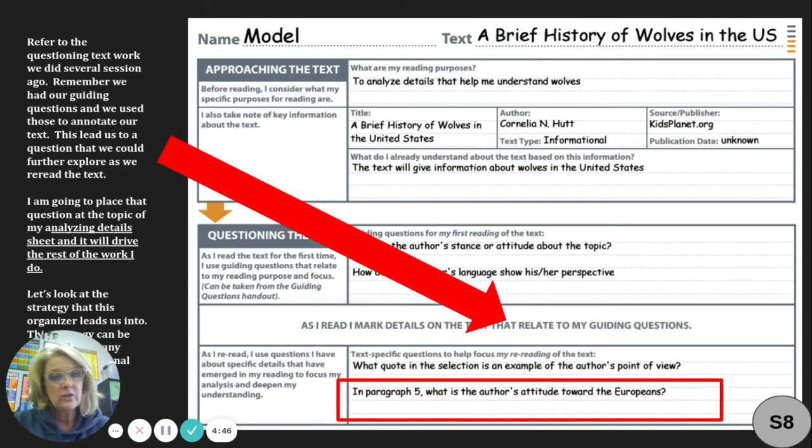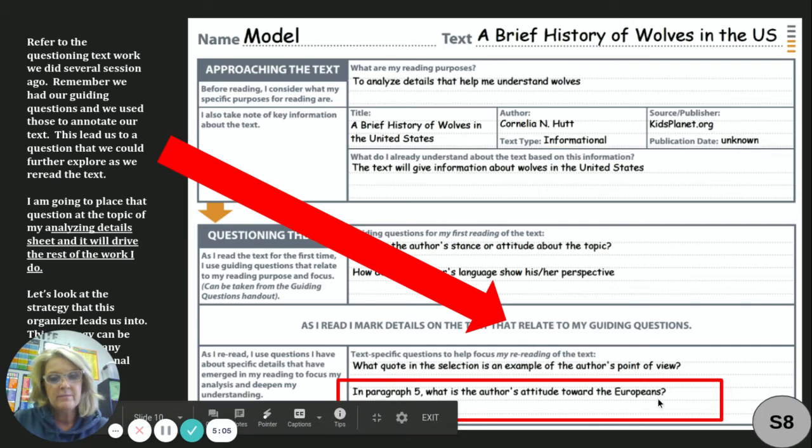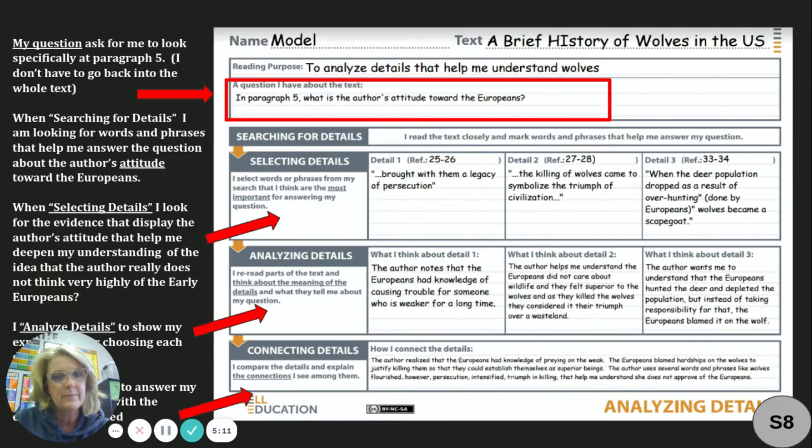So what you would need to do, and we talked about this in class, is look through the passage and pull out textual evidence that demonstrated how the author felt about the brief history of wolves. Another question that I made up was, in paragraph 5, what's the author's attitude toward the Europeans? Okay, that's the one we're going to focus on today.